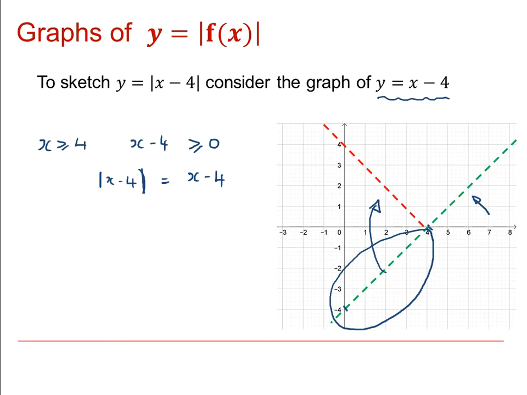So that we have the modulus in this portion here. But for values of x which are less than 4, x minus 4 must be less than 0, and therefore the modulus of x minus 4 will be negative of the function x minus 4. In other words, we have this reflected part of the graph.